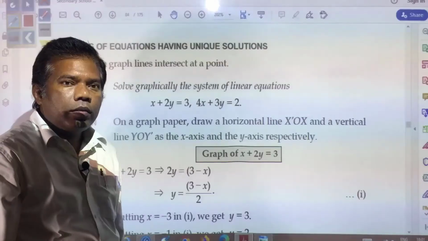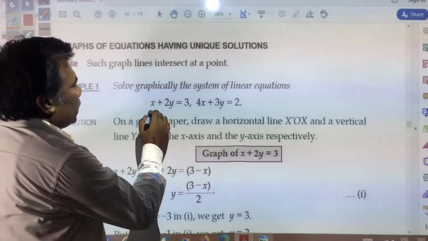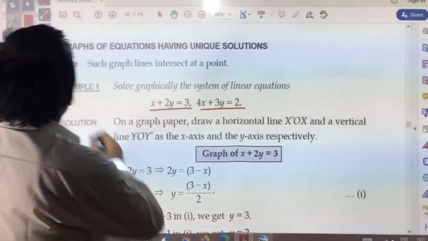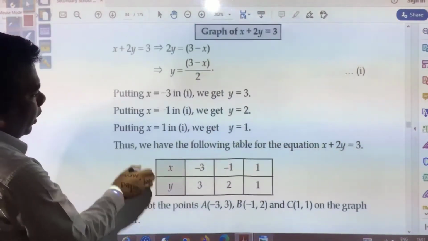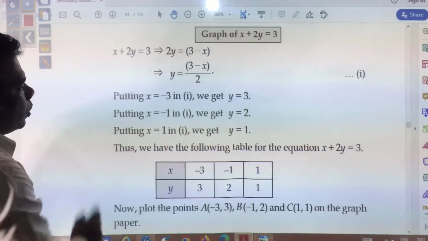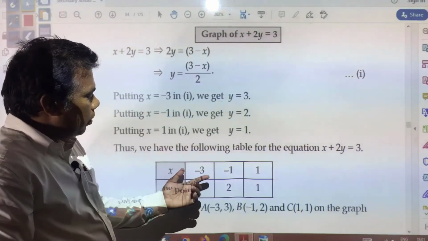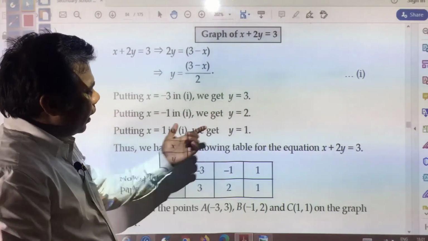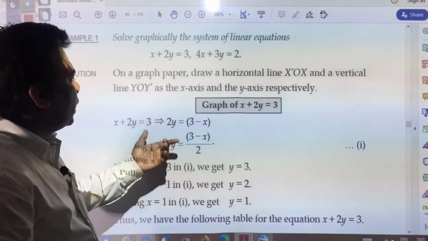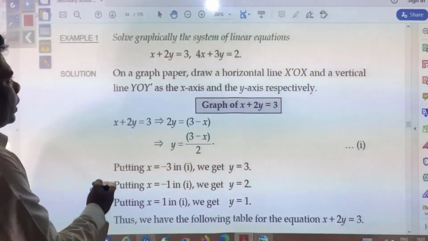Here we have two equations, x + 2y = 3 and 4x + 3y = 2. Just now I said how it is to be done, but let me tell you how these values are found and how the graph is plotted. Already you have done this in class 9, but still you see how it is to be done.